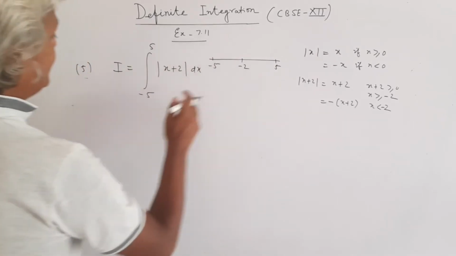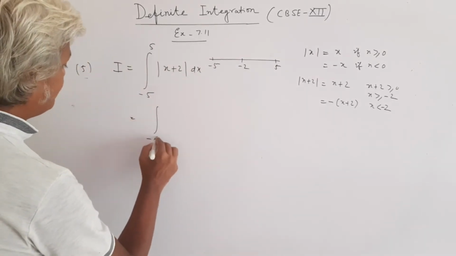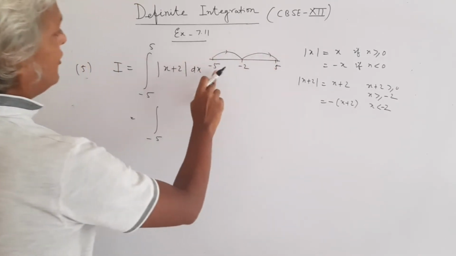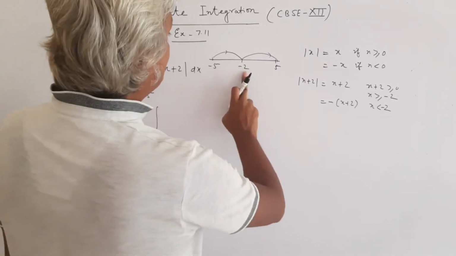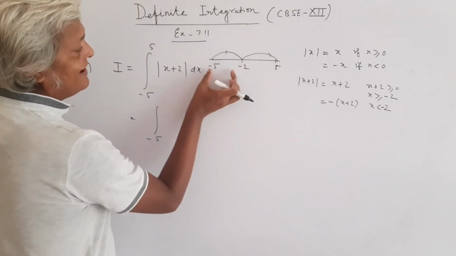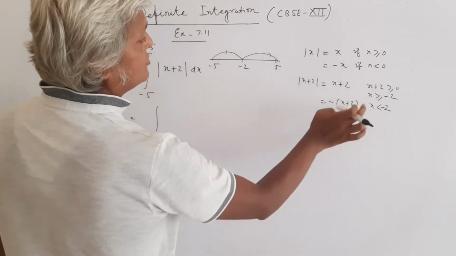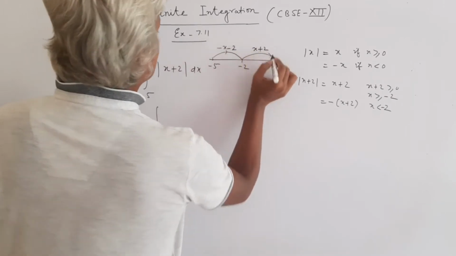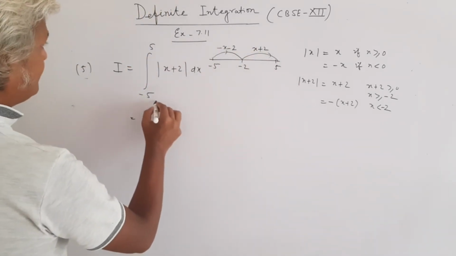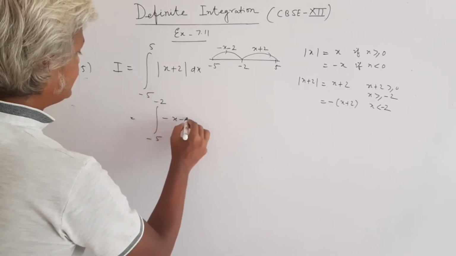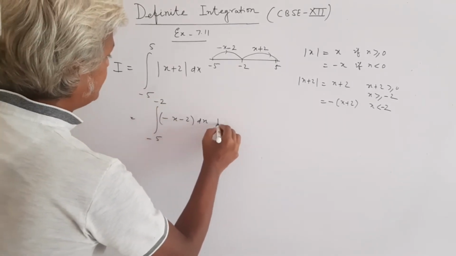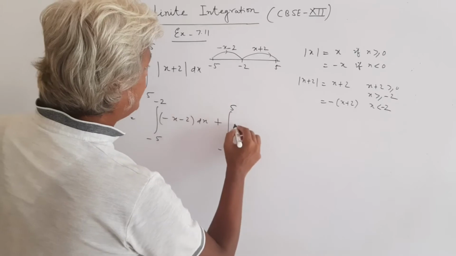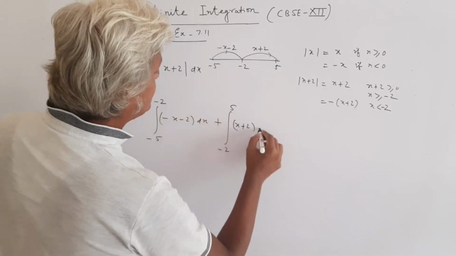So I break this down from minus 5 to minus 2, and then from minus 2 to 5. For minus 5 to minus 2, the values are less than minus 2, so our function will be minus x minus 2, and for the other it is x plus 2. So it's the integral from minus 5 to minus 2 of (minus x minus 2) dx, plus the integral from minus 2 to 5 of (x plus 2) dx.